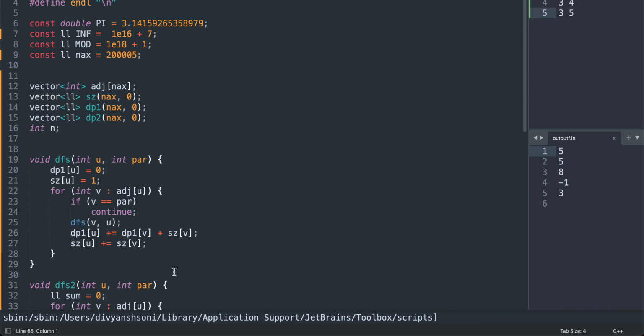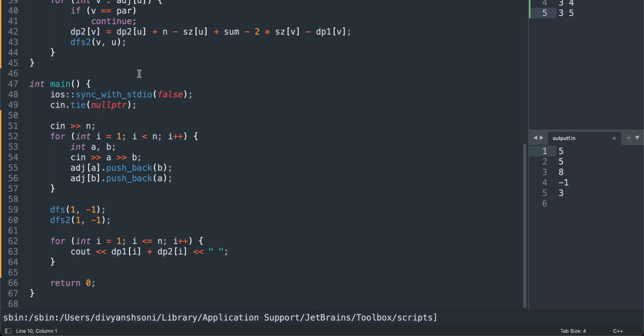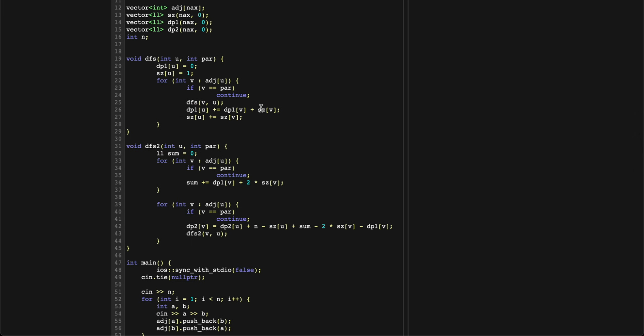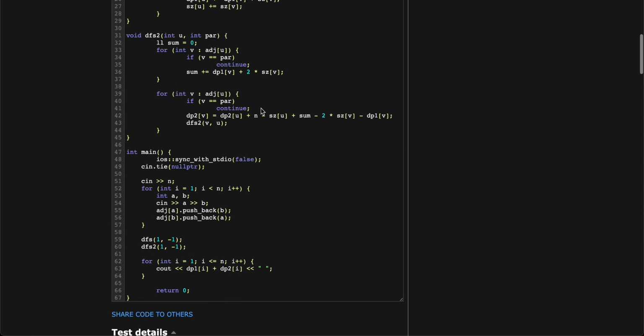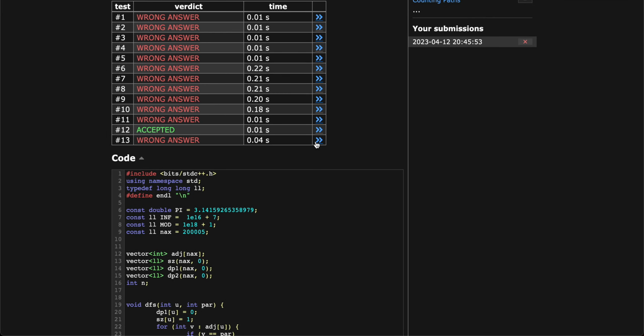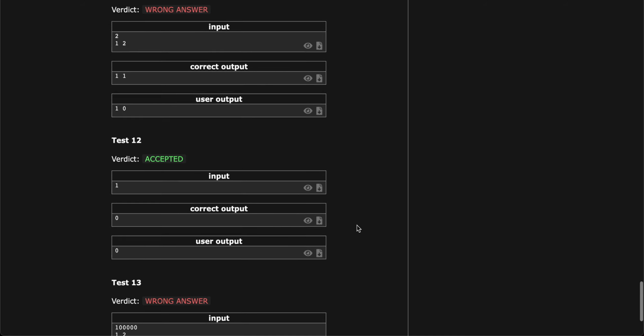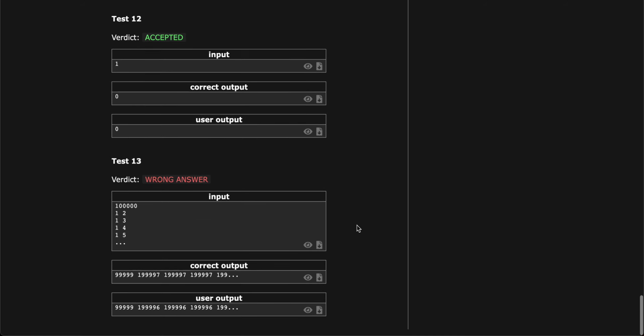Why is it not working? Every input is failing, only one is passing. Which one? Okay, it should pass.